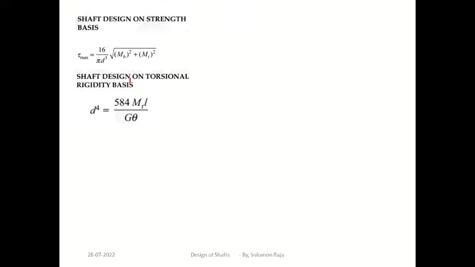In that paper you might have studied this relationship: tau by r equal to G theta by L, like that a formula is there.